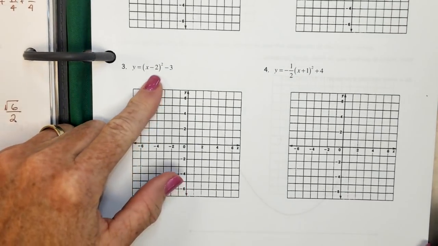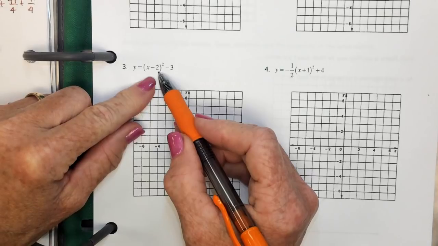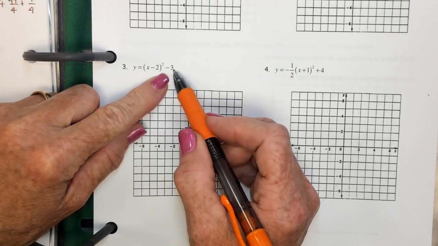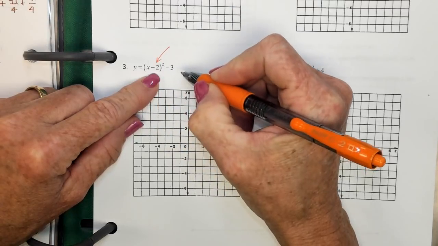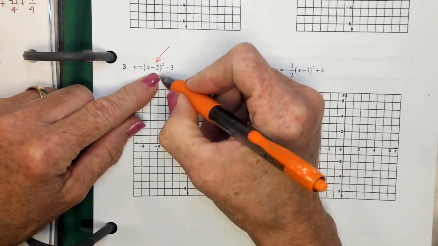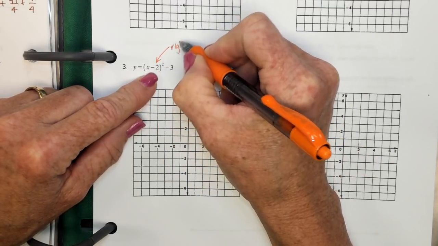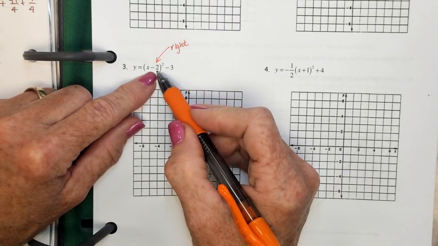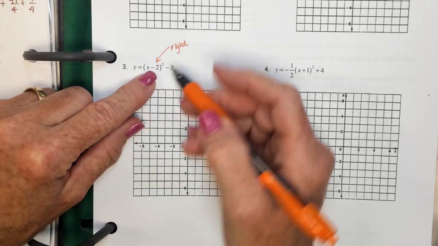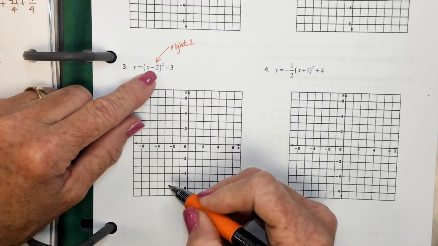All right, on this one, we have some numbers inside the parentheses and numbers outside. This shifts the parabola. Numbers on the inside are going to shift left or right. In this case, we go right. Remember, if it's on the inside of the parentheses, we go opposite direction of the sign. So -2 in here means we're going to move to the right 2.